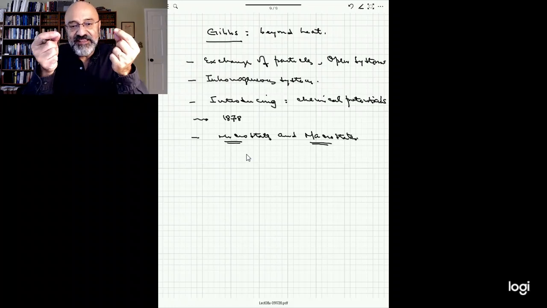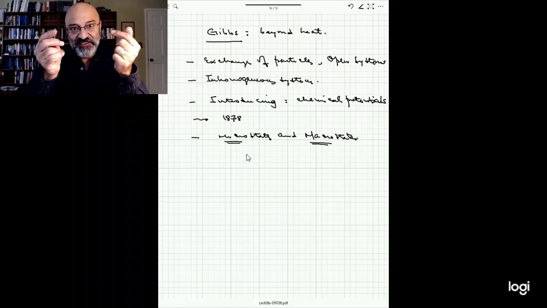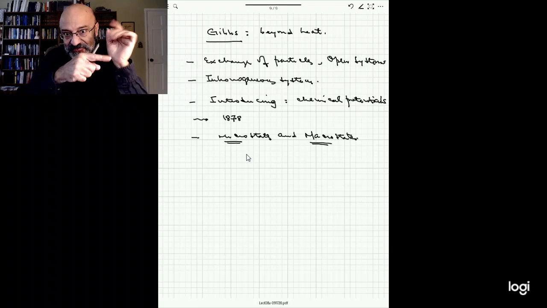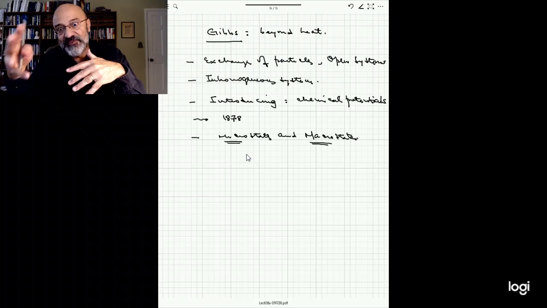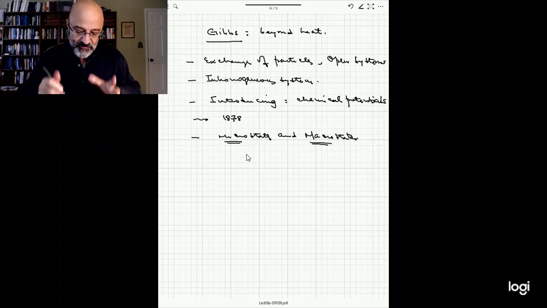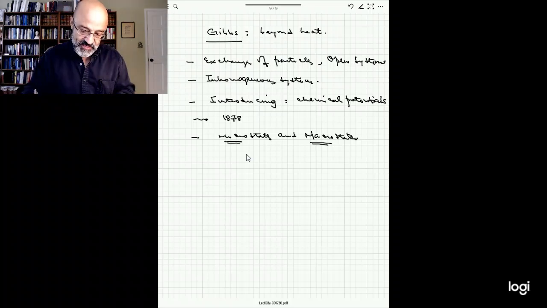And he started understanding the distinction between microscopic reversibility and macroscopic or Carnot reversibility. And so, for example, he started asking questions like this.